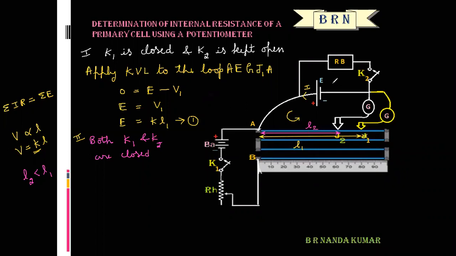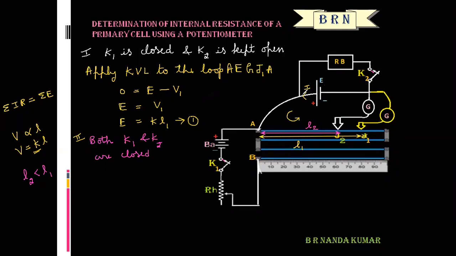Because now both K1 and K2 are closed, and a suitable resistance is introduced in the resistance box. So now the cell is in a closed circuit.